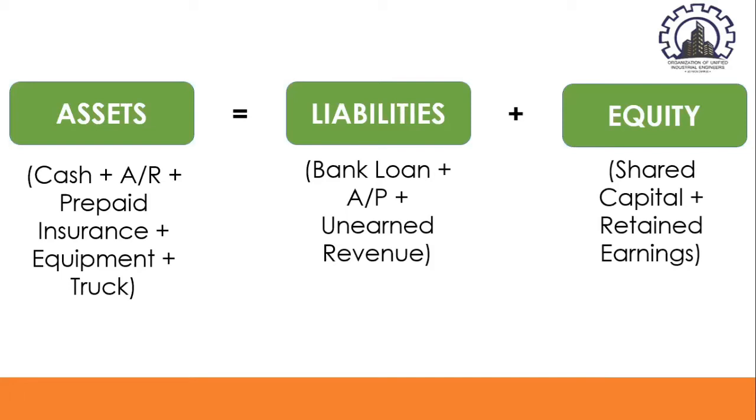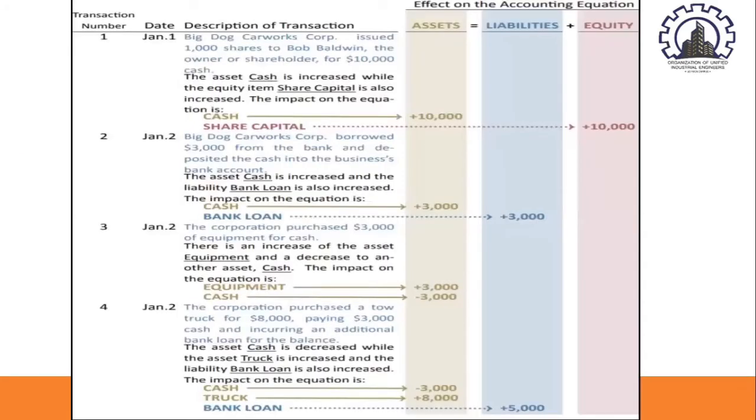Now, in order for us to better understand how double entry accounting works, let me show you an example. So, this is our example for double entry accounting. As you can notice in the first column, you have the transaction number, followed by the date, followed by the description of the transaction, followed by the assets, liabilities, and owner's equity, which is our accounting equation.